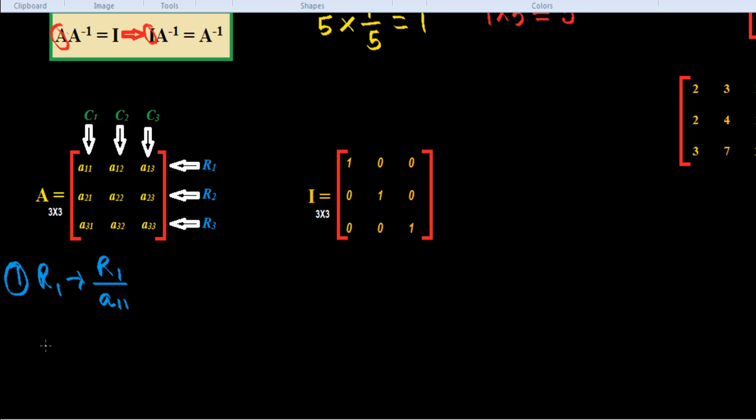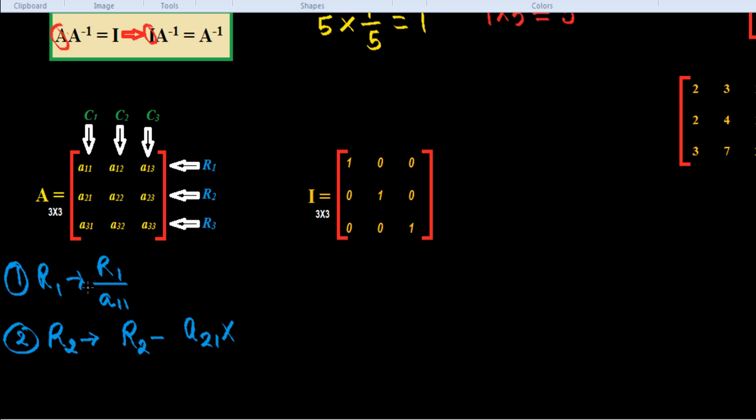For making 0, what do we have to do? Now element A21 we have to make 0, because in the identity matrix it is 0, and A31 is also 0, so we have to make it 0. So with row 2, R2 becomes R2 minus A21 times R1, because the value of the element we have to make 0 is A21, and R1 is now 1, because we have already done this step.